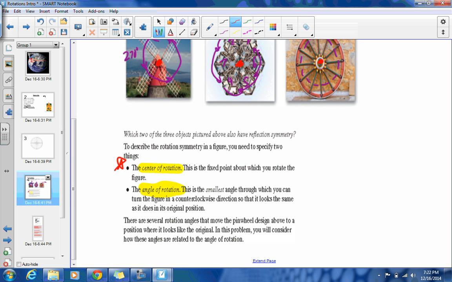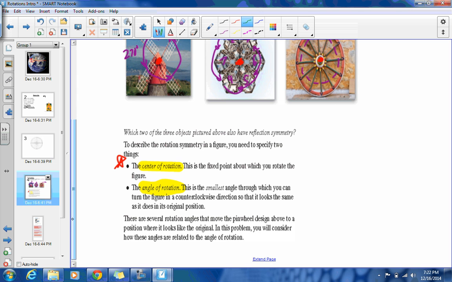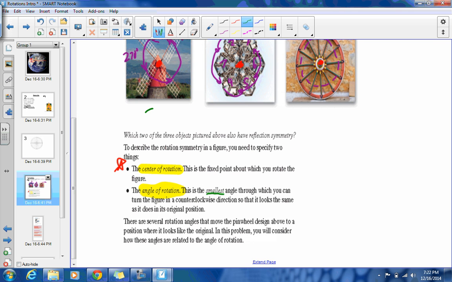Angle of rotation. If you're talking about the angle of rotation, you're talking about the smallest possible angle through which you can turn the figure in a counterclockwise direction so that it looks the same. So in this case, our angle of rotation was, we could do it 90 degrees and it looks exactly the same. That's the smallest rotation. This one, 360 degrees total, and you can do 6 rotations.